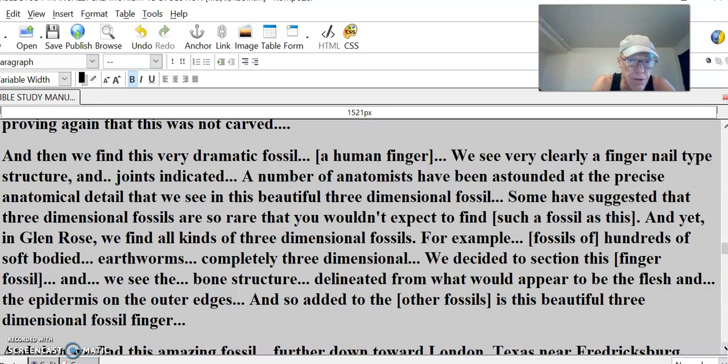And yet in Glen Rose we find all kinds of 3-dimensional fossils. For example, a fossil of hundreds of soft-bodied earthworms, completely 3-dimensional. We decided to section this finger fossil, and we see the bone structure delineated from what would appear to be the flesh and the epidermis on the outer edges. And so added to the other fossils is this beautiful 3-dimensional finger. I actually picked it up.